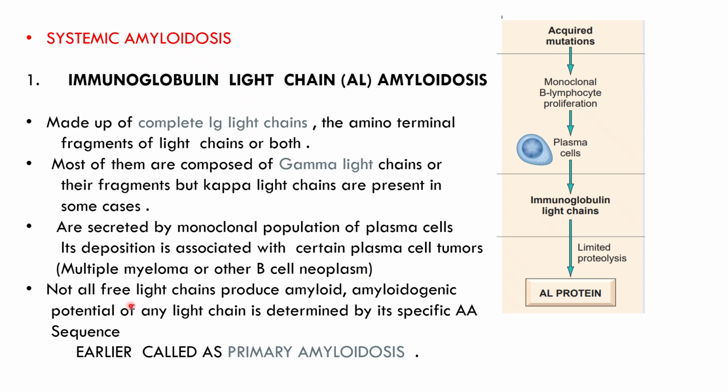But not all free light chains are amyloidogenic; the amyloidogenic potential of any light chain is determined by a specific amino acid sequence. So this was amyloid light chain amyloidosis, earlier called primary.